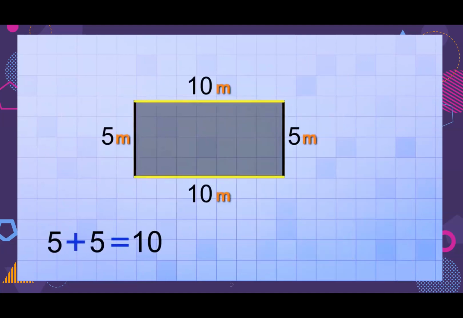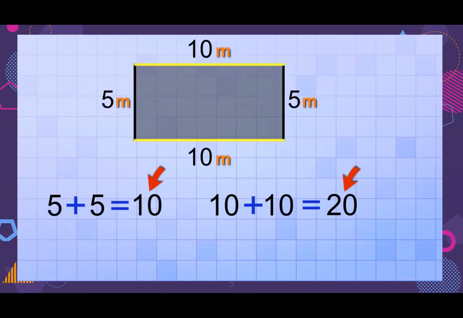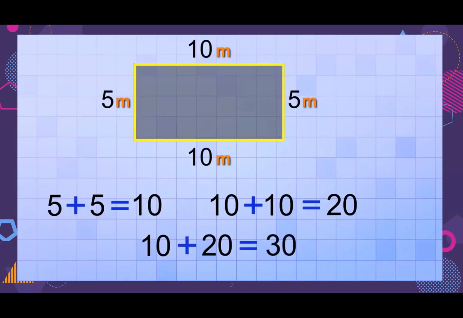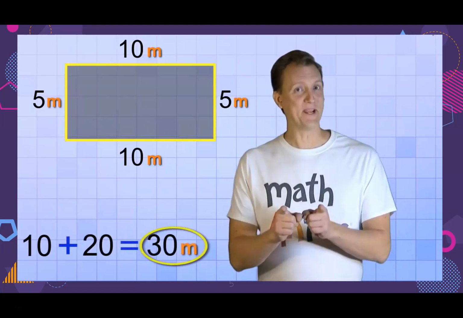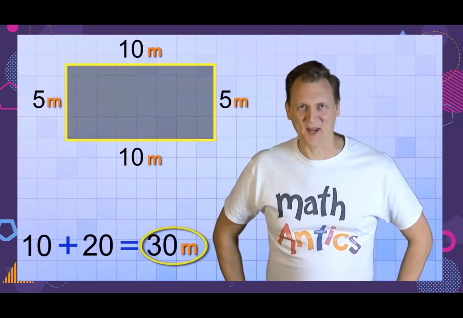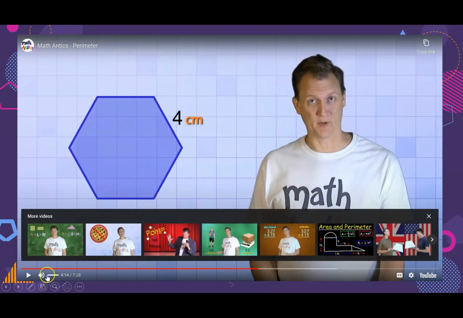Next, I'll add up the two longer sides. 10 plus 10 equals 20. And now, if I add up those two answers, I'll get the total for all 4 sides. 10 plus 20 equals 30. So, the perimeter of this rectangle is 30 meters. You thought I was going to forget my units, didn't you? Not this time. Here's another good example.